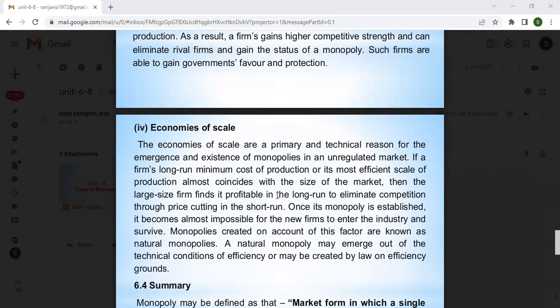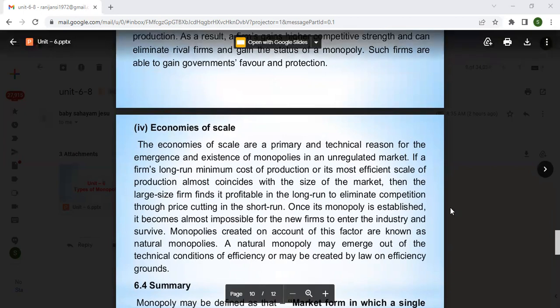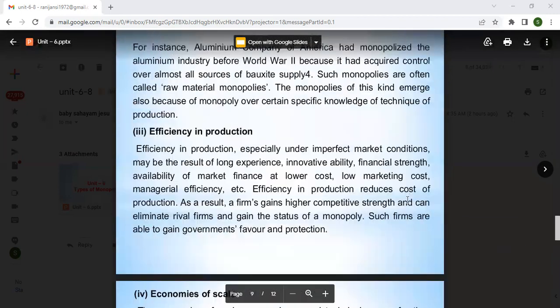Once its monopoly is established, it becomes almost impossible for a new firm to enter the industry and survive. Monopolies created on account of this factor are known as natural monopolies. A natural monopoly may emerge out of the technical conditions of efficiency or may be created by law and efficiency.